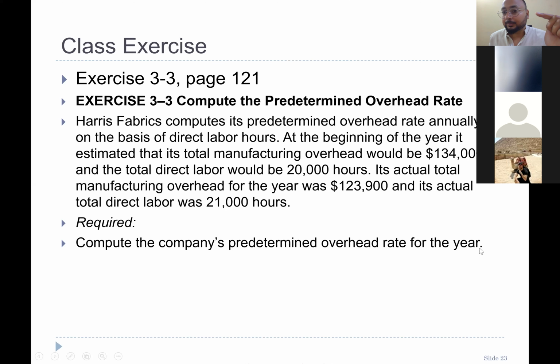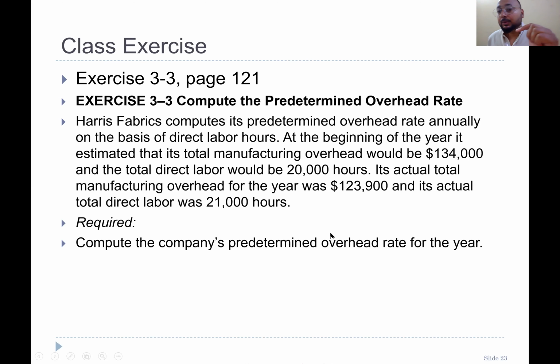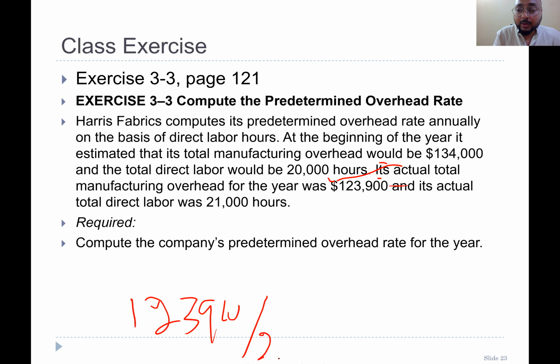Yep. Yes, sir. Junpyo? Yes, sir. Coco? Yes, understood. Good. So this 123,900 is our actual. Now the real comparison would be actual to actual. 123,900 is based on 21,000.